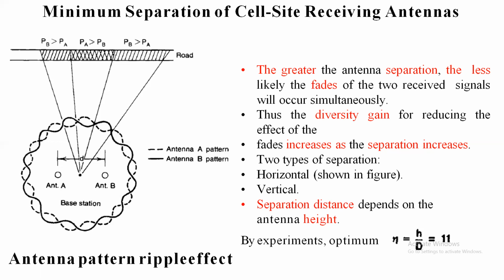And the other one is the regular check of the cell site antennas. That means we have to monitor the cell site antennas regularly and maintain them effectively. Only then will the antenna work effectively, right?